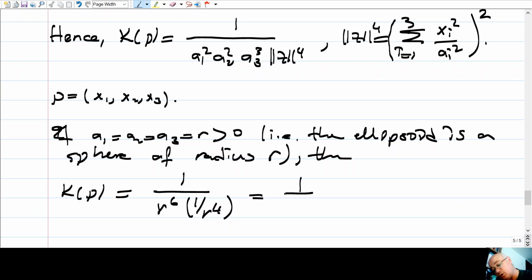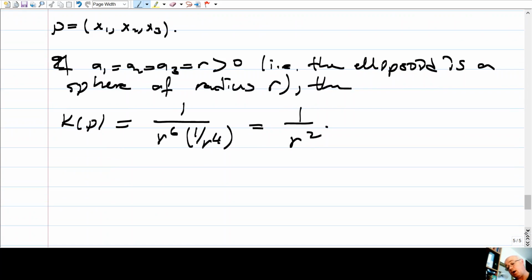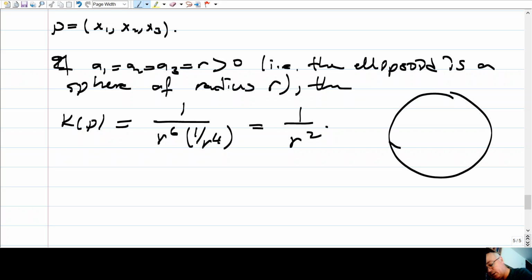So this is just 1 over r squared. Therefore, the Gaussian curvature is a constant function on a sphere of radius r, and at any point its value is just 1 over r squared.